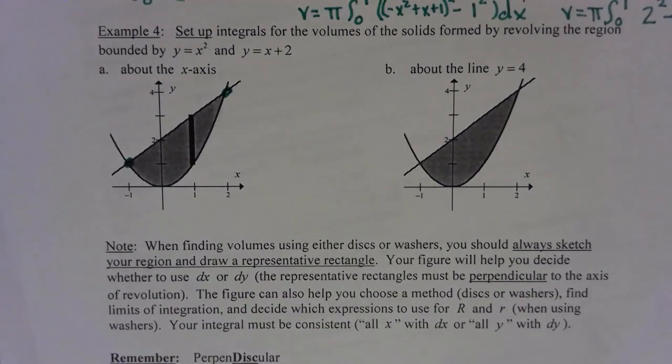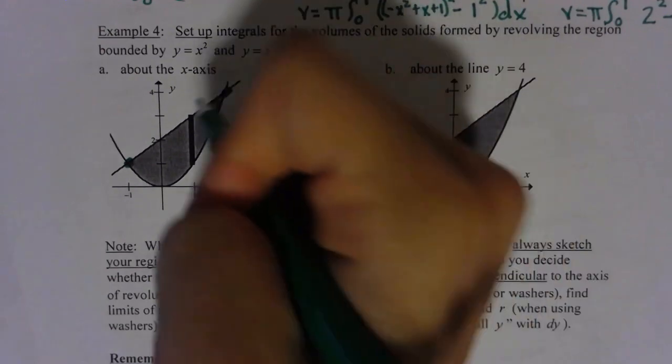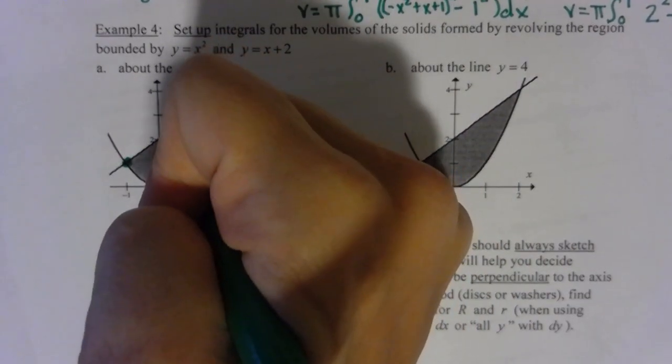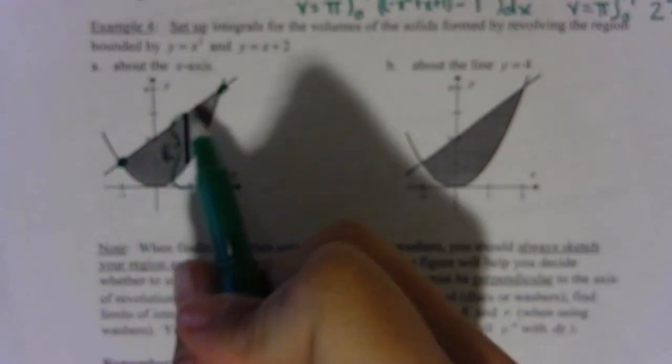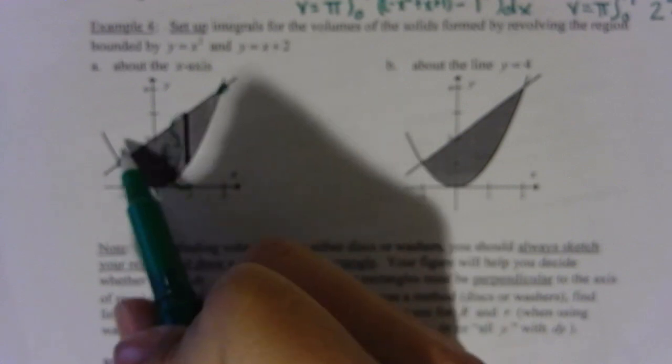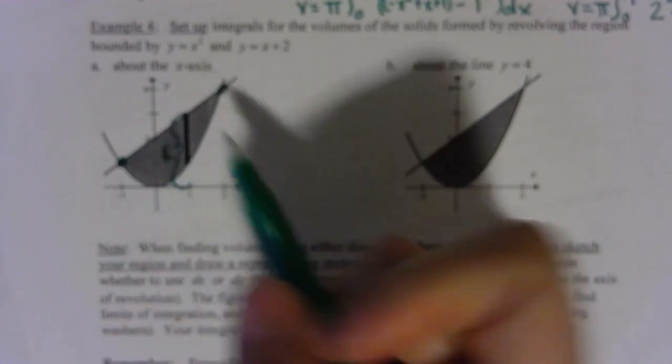Now, let's talk about our big R and our small r. Our big R, if you remember, is the radius from the top all the way to what we're revolving to. We're revolving around the x-axis, so our big R is all of that. Okay, so our big R is going to be the area under our linear equation because that's on top.